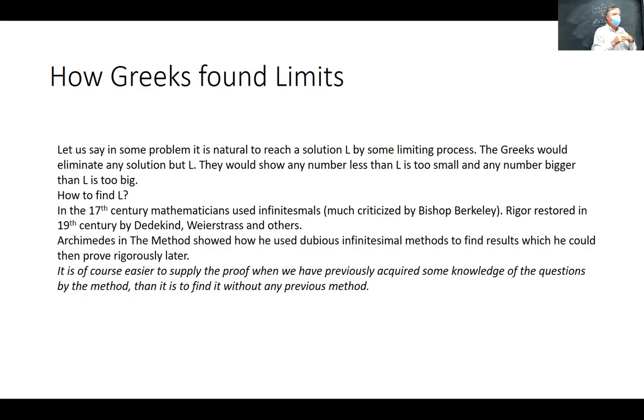And then recently, around 20 years ago, it actually turned up and went to auction. It was the most expensive book ever found at auction. I actually saw it in the Field Museum. It's really amazing. It's just this little thing you have to look at under ultraviolet light to be able to see the works of Archimedes. That's pretty amazing. Okay, so that's how the Greeks argued.